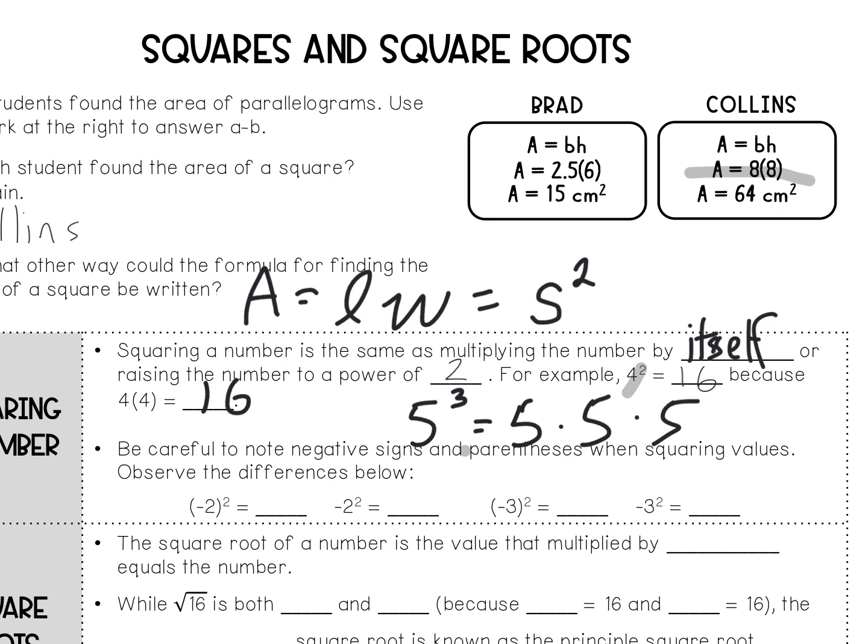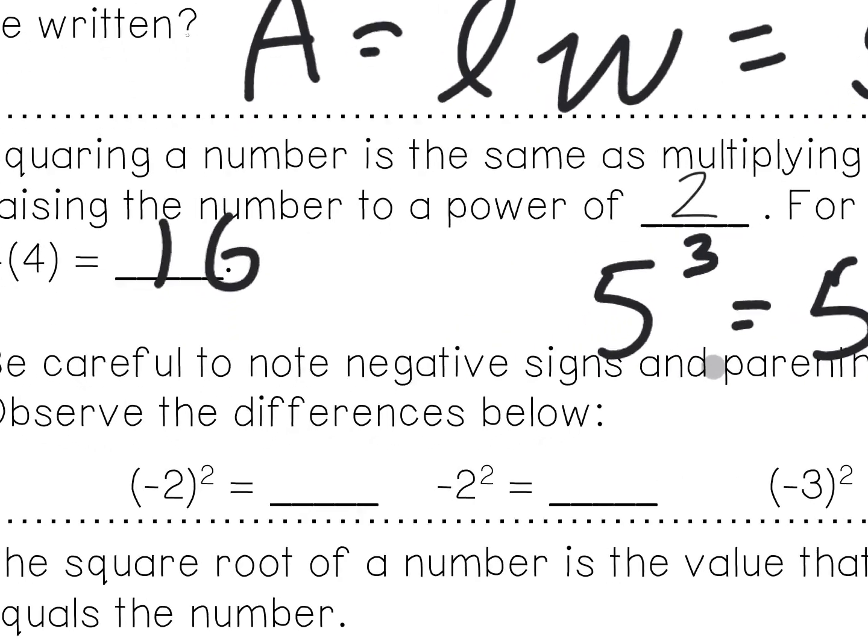So we also have to be careful with negative numbers. So what is a negative times a negative? Positive, right? So if I have negative 2 squared, that's still 4. But this one is negative 4. What's the difference between these two things?